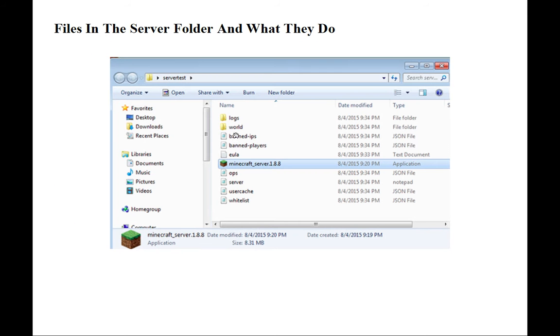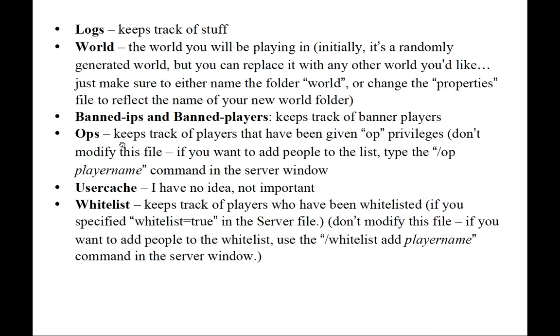Ops. So you'll see there's a little ops file here. This is just a text file actually, but it's where the server file references who has been given the op privileges. Again, I'm not a very skilled Minecraft player, but I believe when you have op privileges, you're able to TP back and forth and do things that you cannot do if you don't have op privileges.